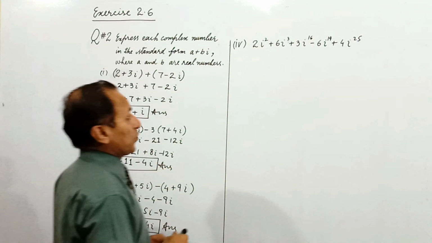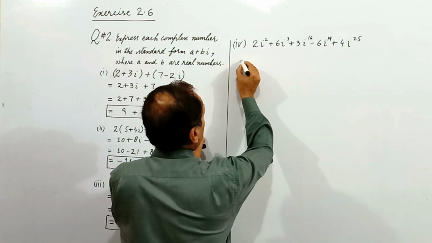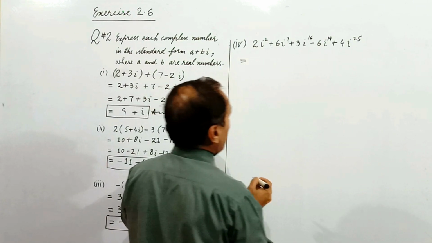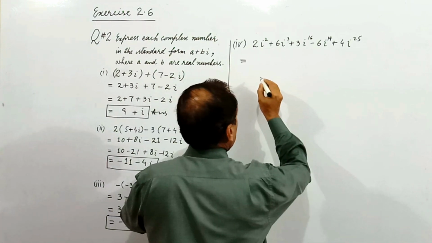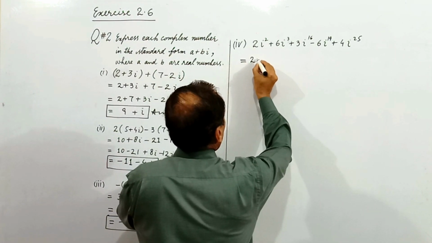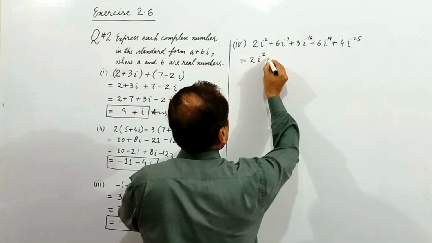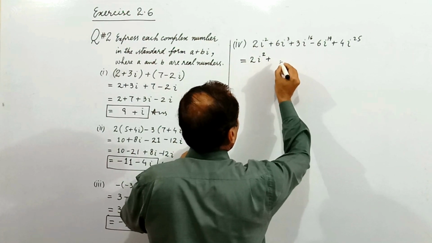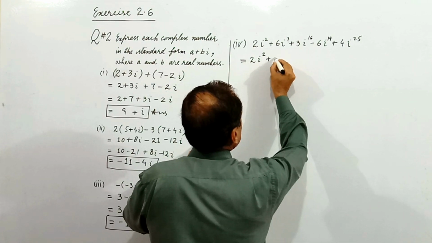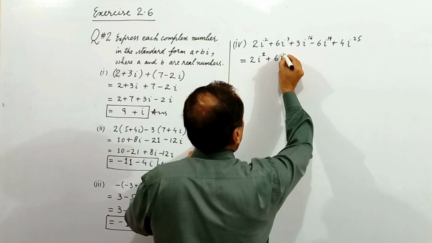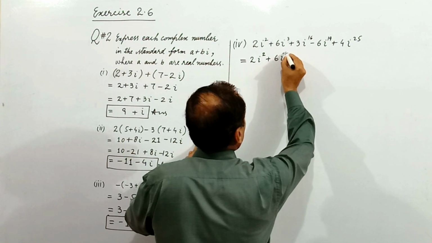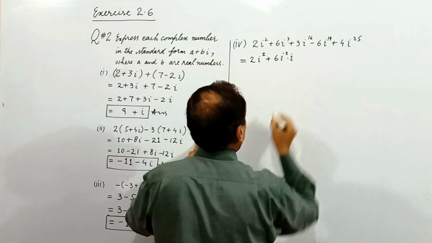Let's do part 4. In part 4, we are going through the evaluation of integer powers of iota. So first we transform them into iota squares. We can write iota cube as iota raised to power 2 dot iota. Why?